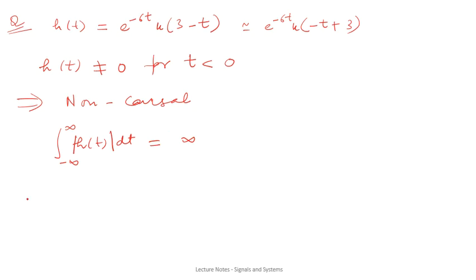That will mean that the given system will also be an unstable system. This is very much straightforward or easy. You just have to put the values and see whether the integral is converging or not. So this is how these problems are solved.